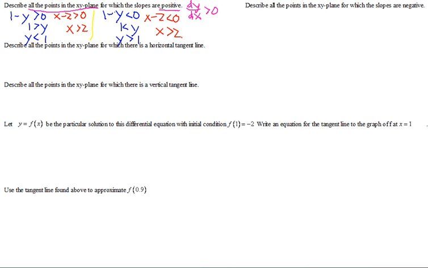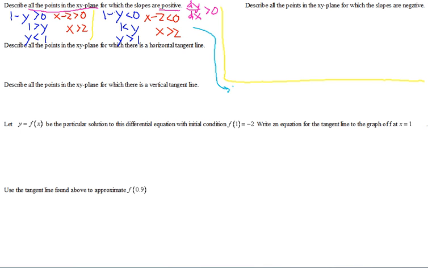All right, so I'm just going to move this where I have a little more room. Box off a little space here. And now let's write our answer right here for this first part.